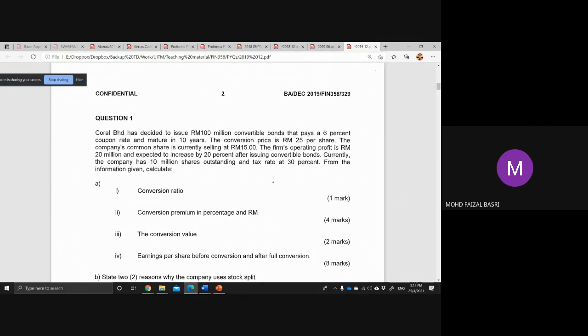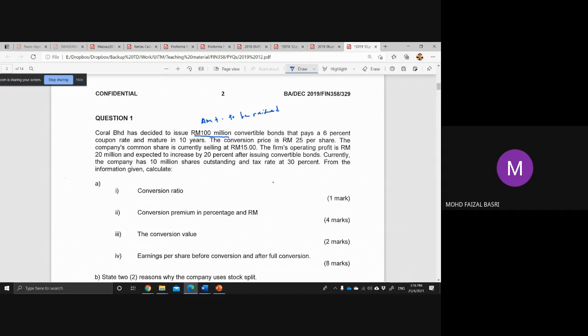So for this question, the company has decided to issue 100 million ringgit. So this is amount to be raised. Ingat tadi ada formula amount to be raised kan? So they want to raise 100 million. So amount to be raised must be in ringgit. Sometimes dia boleh gunakan in terms of values ataupun in terms of units.